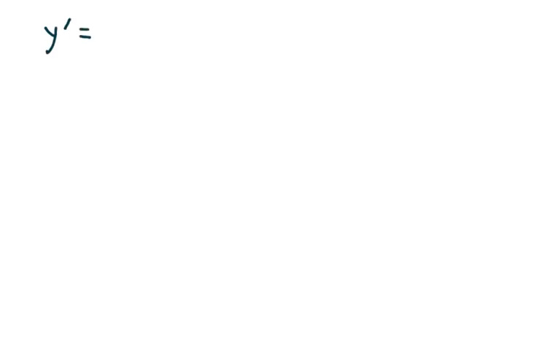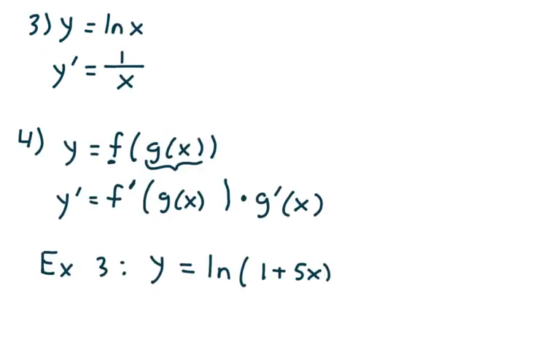Now, the derivative of the natural log. So let's remind ourselves. And this is just another way to write it. The derivative of natural log of x with respect to x is 1 over x. So when I look back, I'm going to take 1 over the inside function, which is 1 plus 5x.